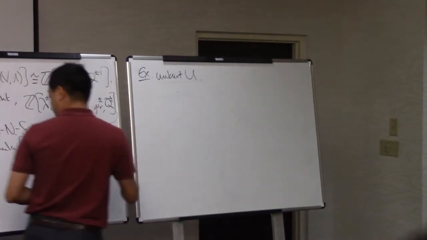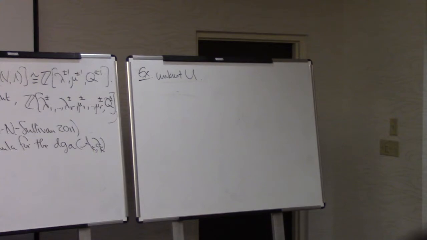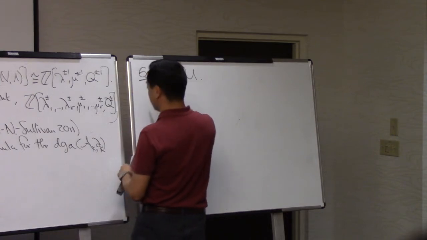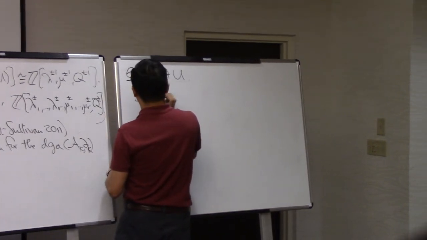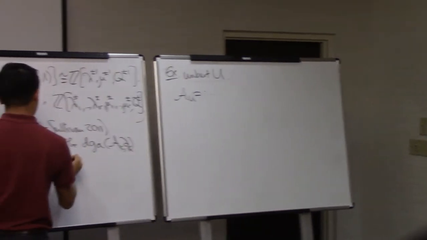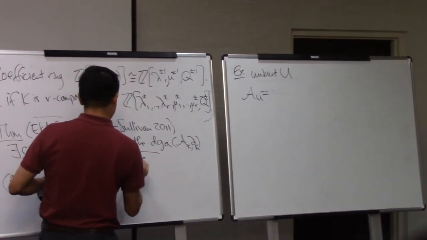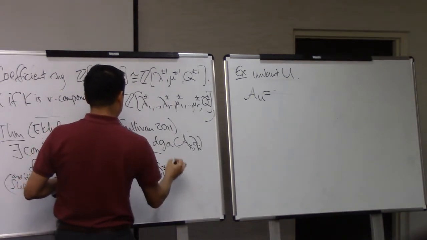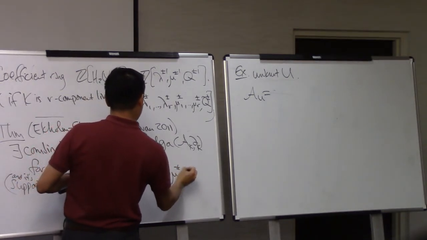Here I can tell you exactly what is going on. The reason I haven't given you this combinatorial formula is it's a little bit gross to write down. I'm going to give this coefficient ring a name, so write R for the coefficient ring.